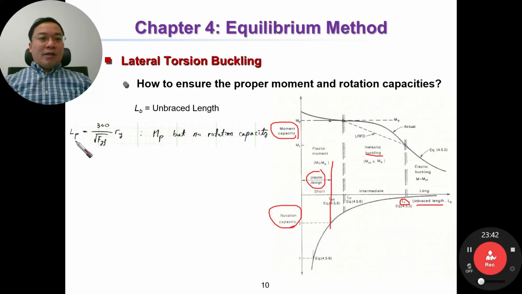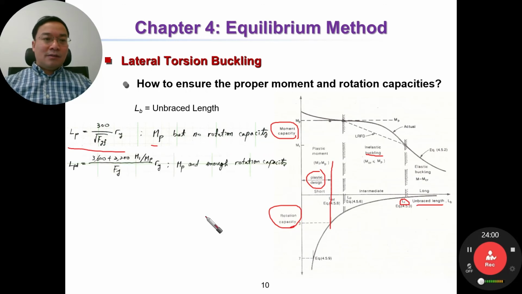LP here, at this point, equals this equation. If the length is smaller than this value, then MP is achieved, but not rotation capacity. But if L is smaller than LPD, using this equation, then both the plastic moment and rotation capacity are achieved.